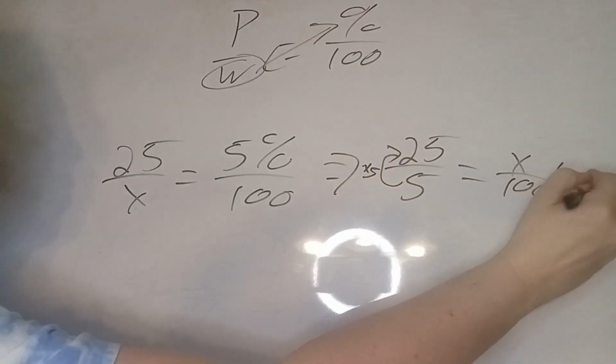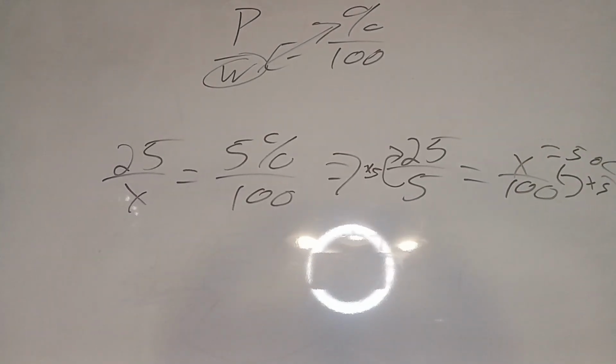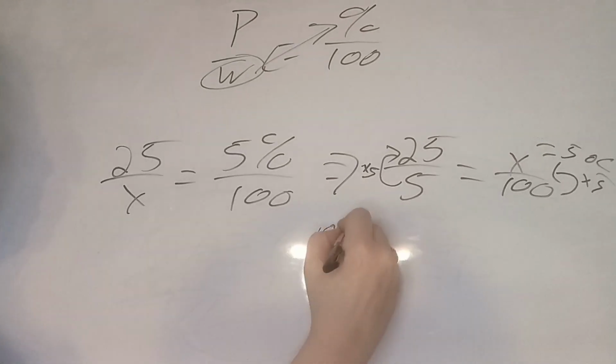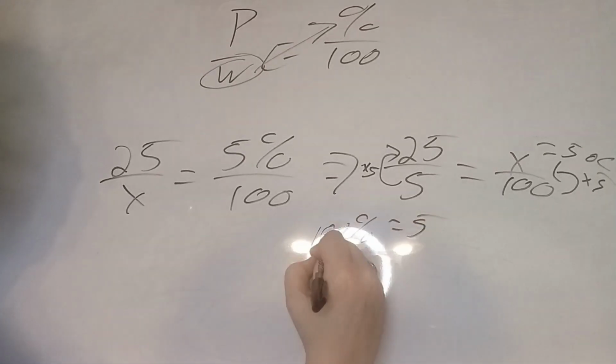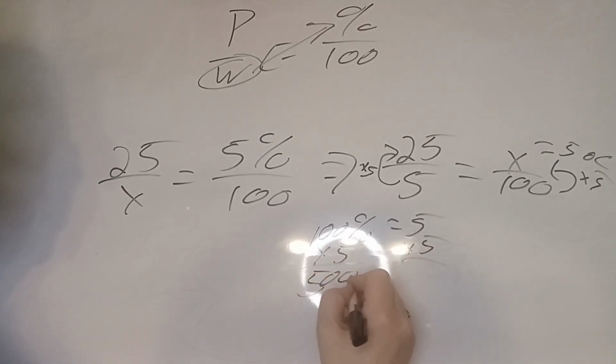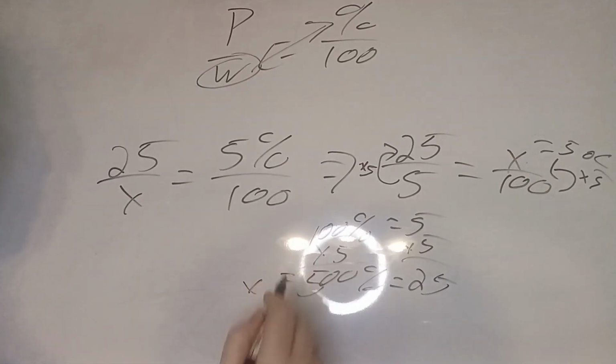Same thing here. We're using the 10% method. We can say 100% equals 5. 500% equals 25, so therefore X equals 500.